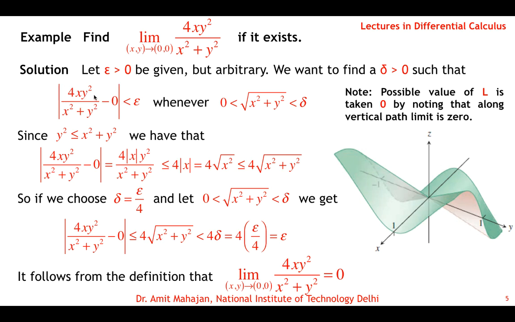And that will be less than or equal to 4 times r, because the modulus of cosine theta and sine theta is less than or equal to 1. So this will be reduced immediately to 4 times r, and r is less than delta, so the same situation arises. This will be 4r less than 4 delta, so again if we choose delta equal to epsilon by 4, then in polar coordinates also we can prove that this whole result is true.